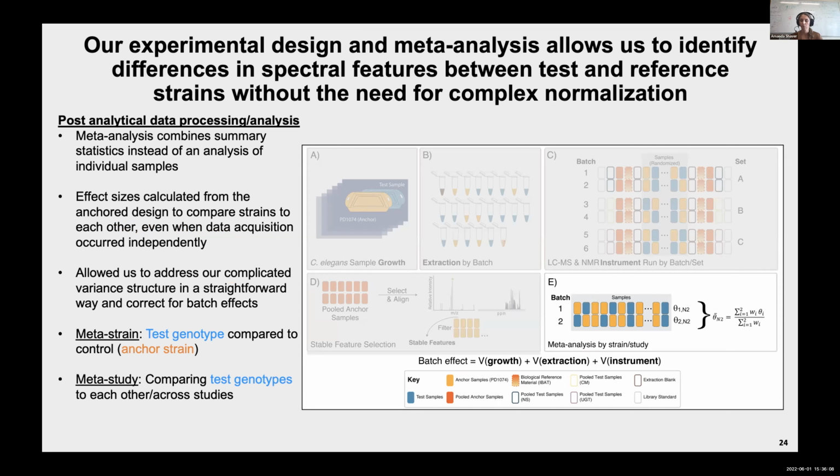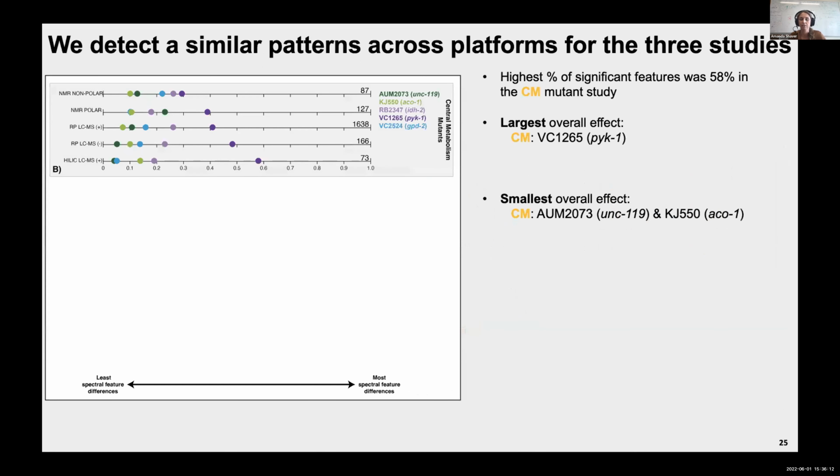And I want to just go through briefly some of the results that we were able to find from this. So first, we initially looked at those stable spectral features and looked at patterns across the platforms that we studied. So here in this plot in B, we have our 5 different instruments and fractions that we looked at.